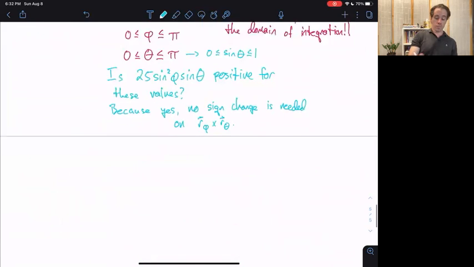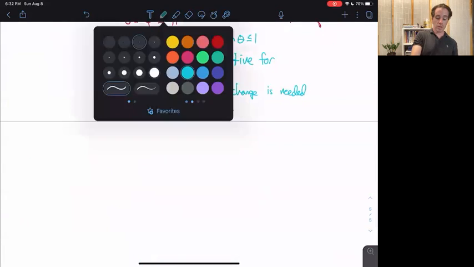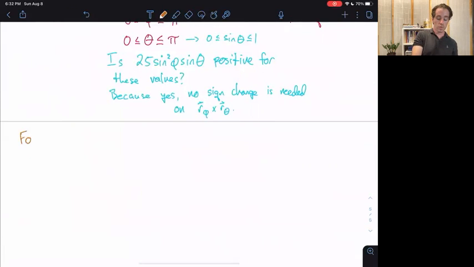So now the next step is that you need to form the actual integrand. So we need to form F dot r_phi cross r_theta. And this needs a background task. This is what is F in the first place.